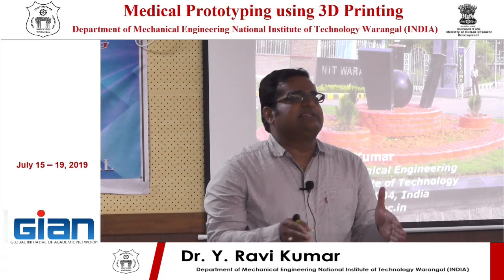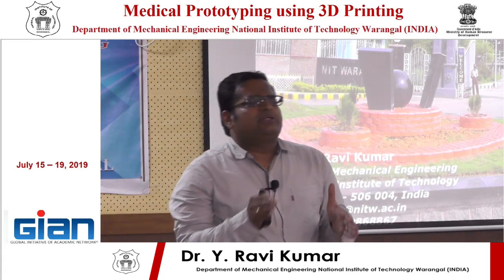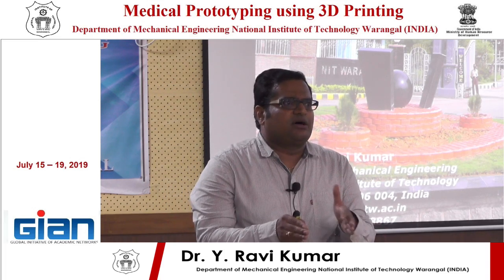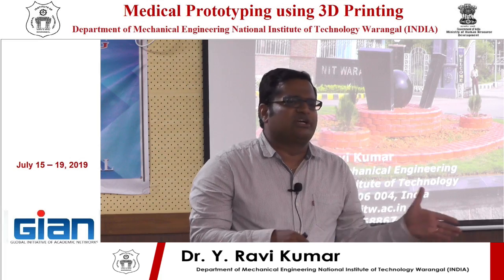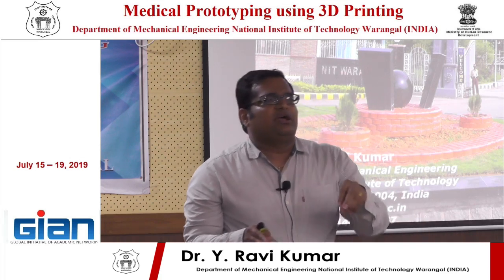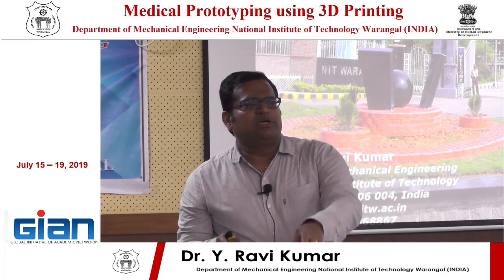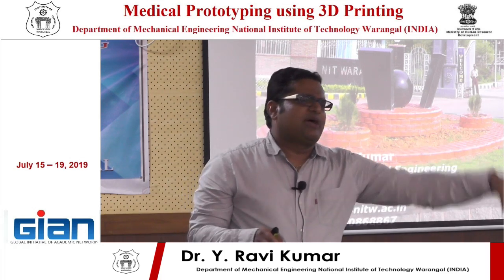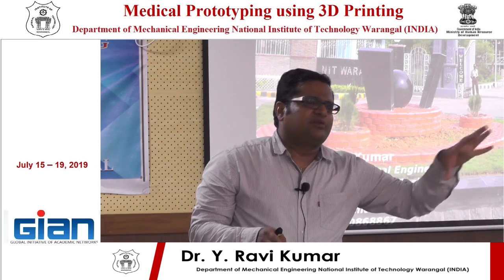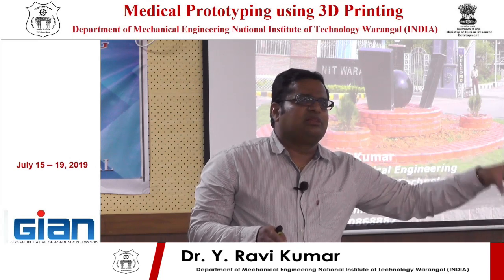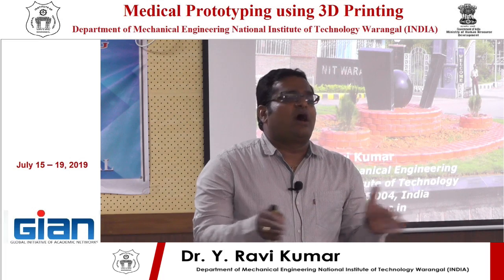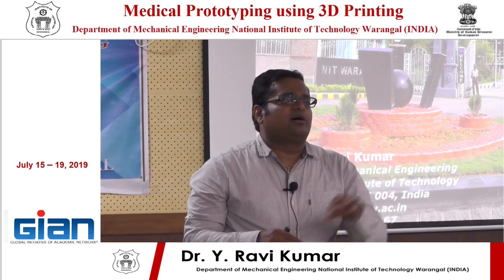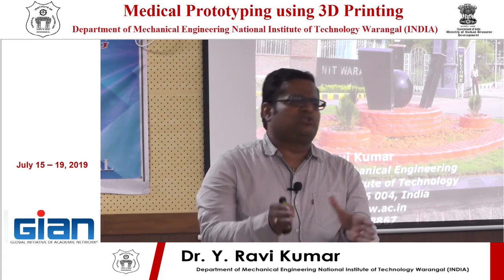Right from the CT, we have conducted some experiments on the CT parameters, like Professor Krishnanand also mentioned: how the current or tube voltage and the pitch affect the radiation dose, dimensional accuracy, or volumetric errors, and how best we can optimize the parameters at the CT scanner level itself without giving much dosage.